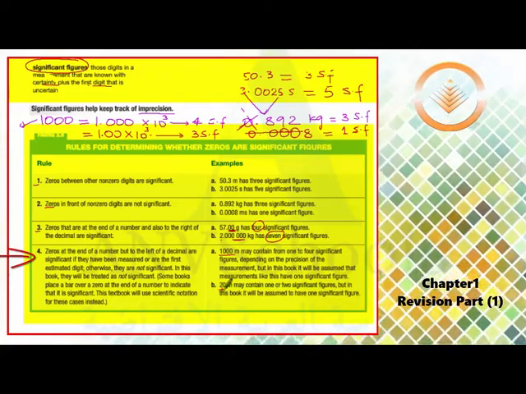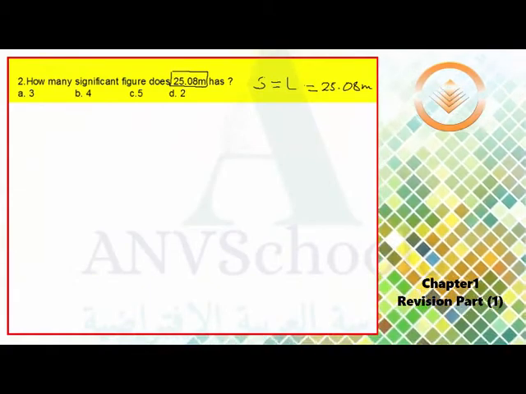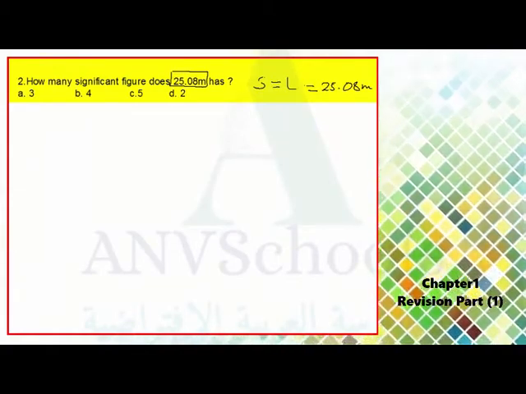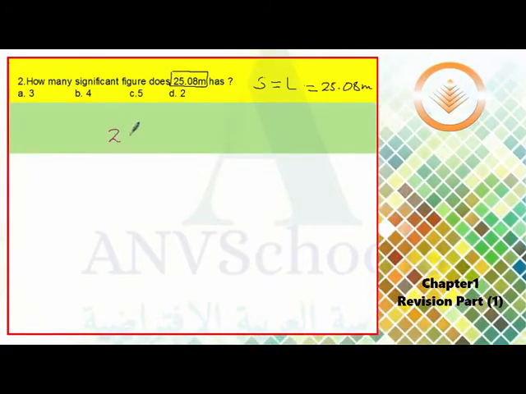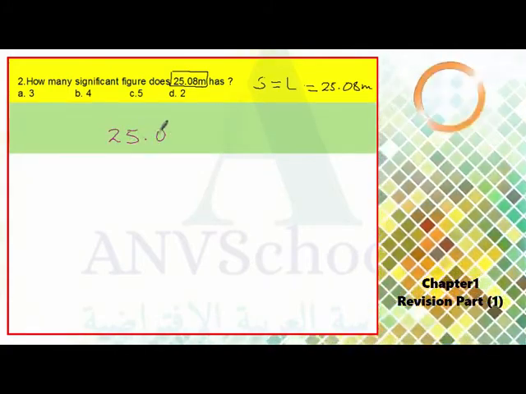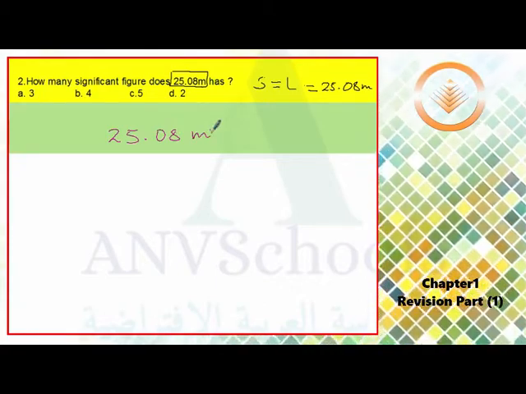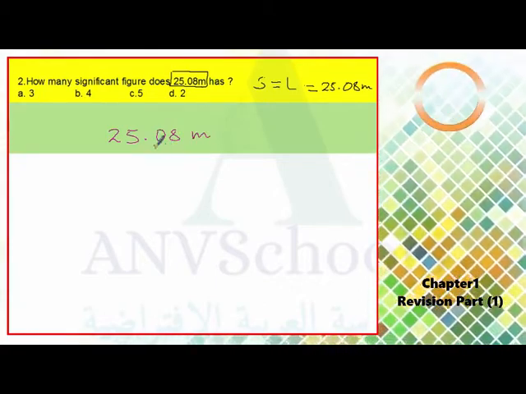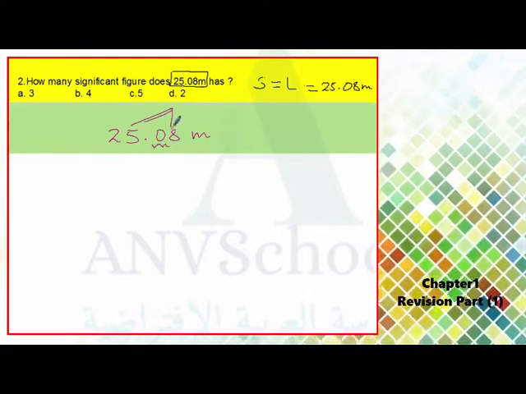Now let's come back to our question. This case, as I explained earlier, 25.08 meter. This 0 is sandwiched, or it's found between two numbers.